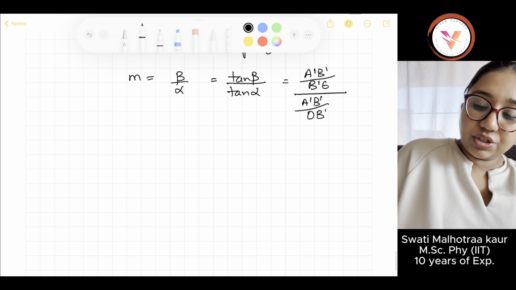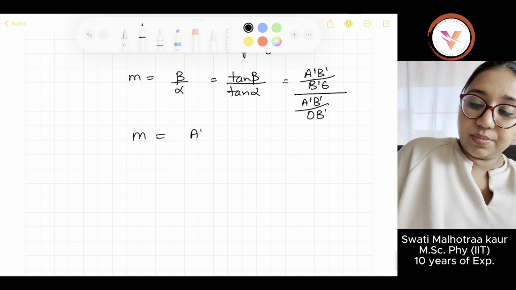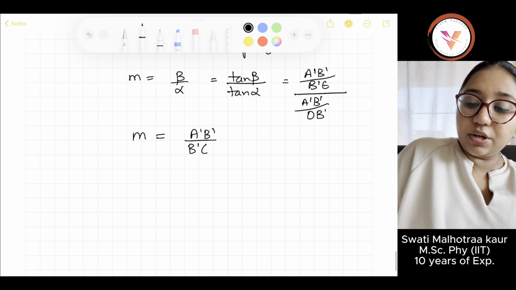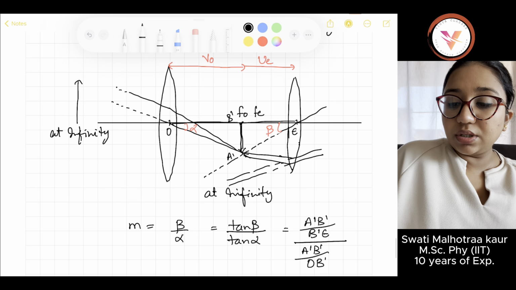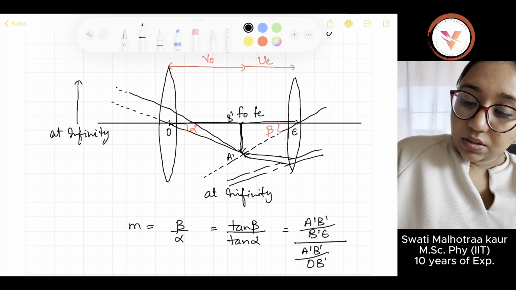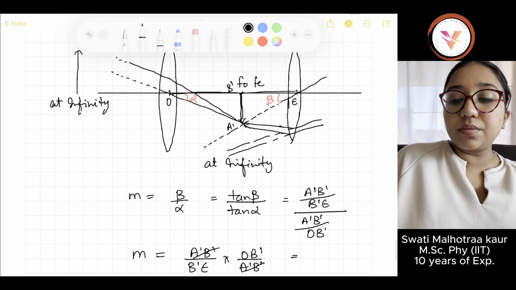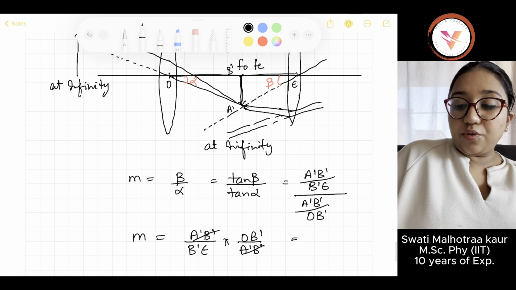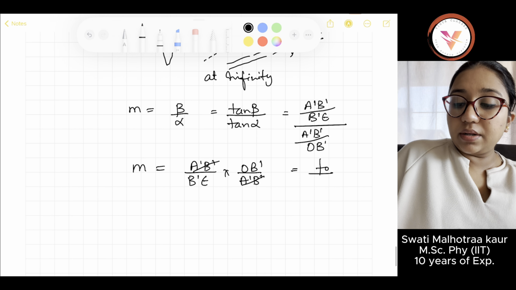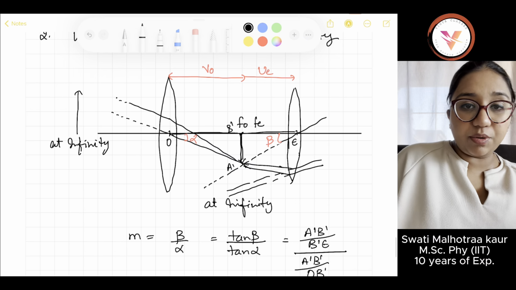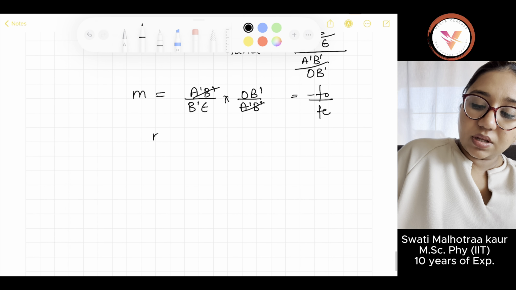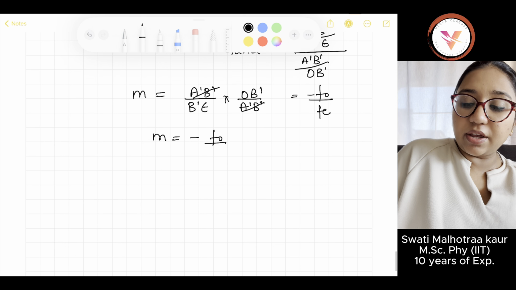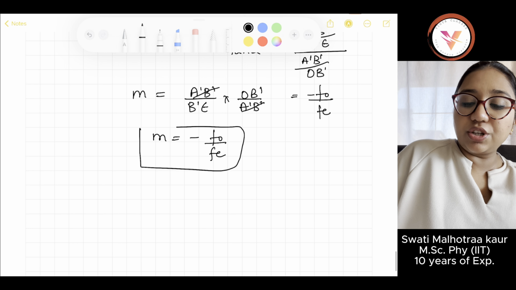So your magnification will become A dash B dash over B dash E into OB dash over A dash B dash. So OB dash will be your FO, and B dash E would be minus FE because it is on the left. So with sign convention it comes out to be minus FO by FE, which is the magnification when the final image is formed at infinity.